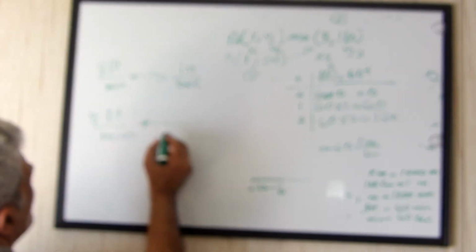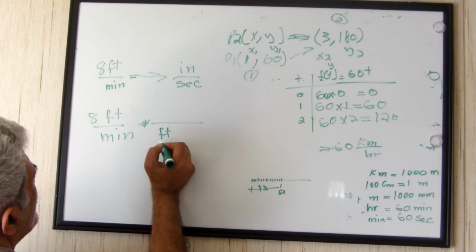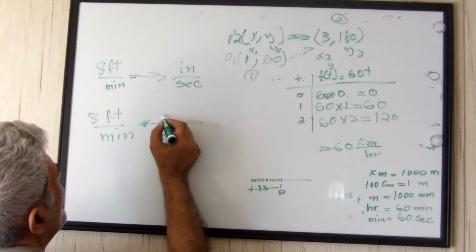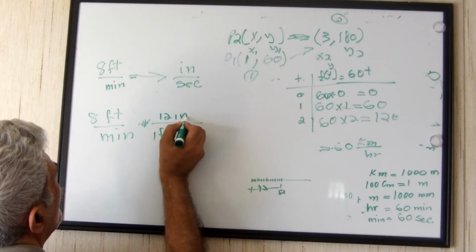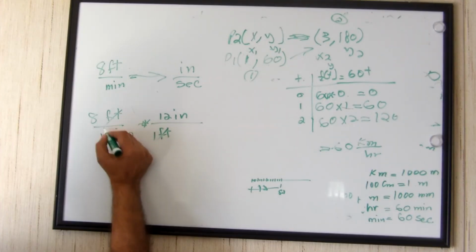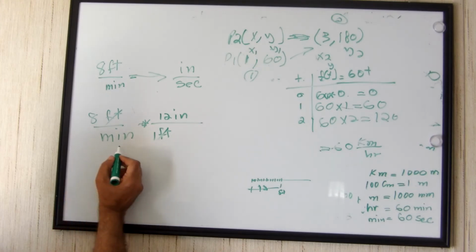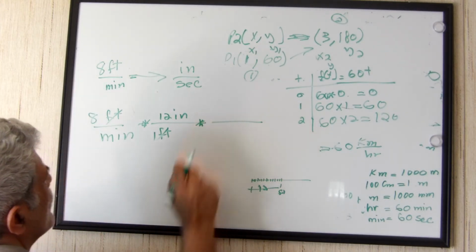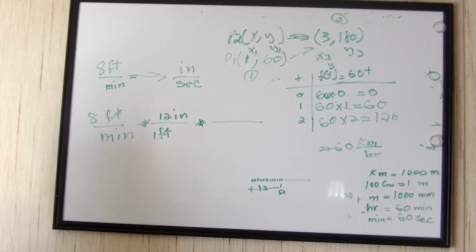Okay, we are going to eliminate feet here. 1 foot is 12 inches. Okay, this cancels out. Now we are going to talk about minute, the time. Times, okay.